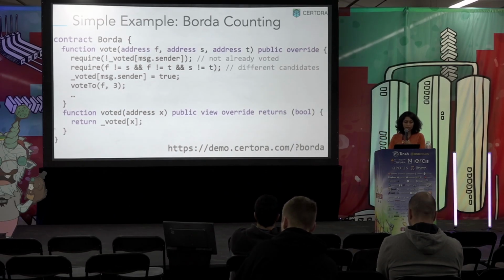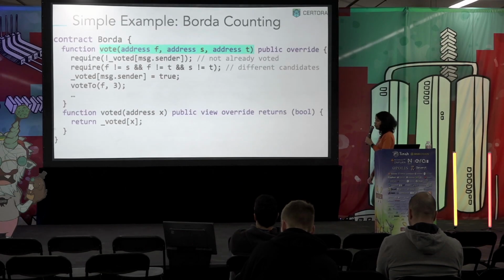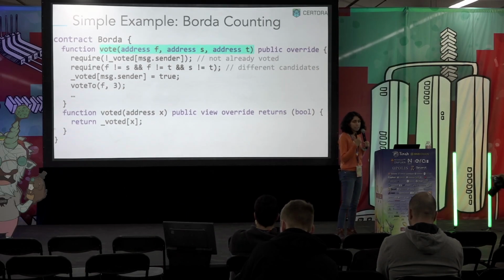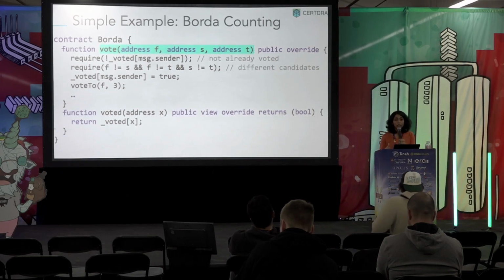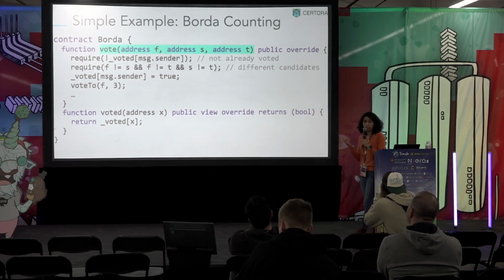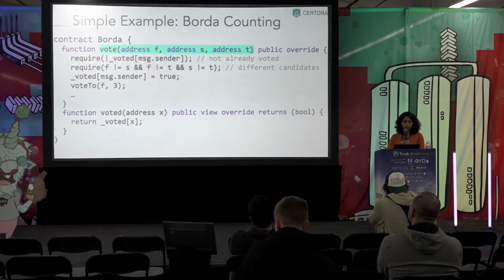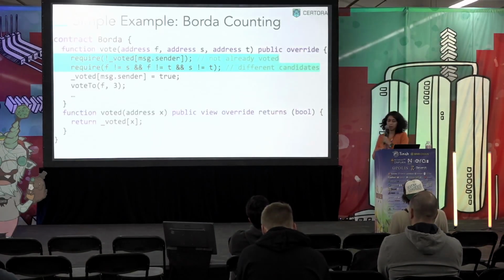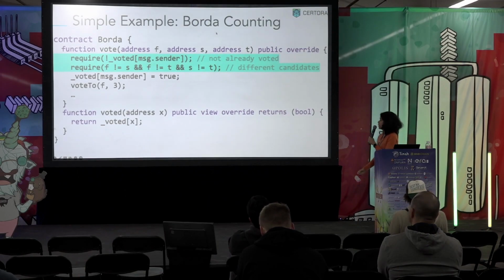So we have the name of the contract, which is Borda. And we have this function called vote. Right? So vote is taking 3 addresses, first, second, and third. And we're going to vote for all these addresses. So what is this code doing? So first we have these require statements.